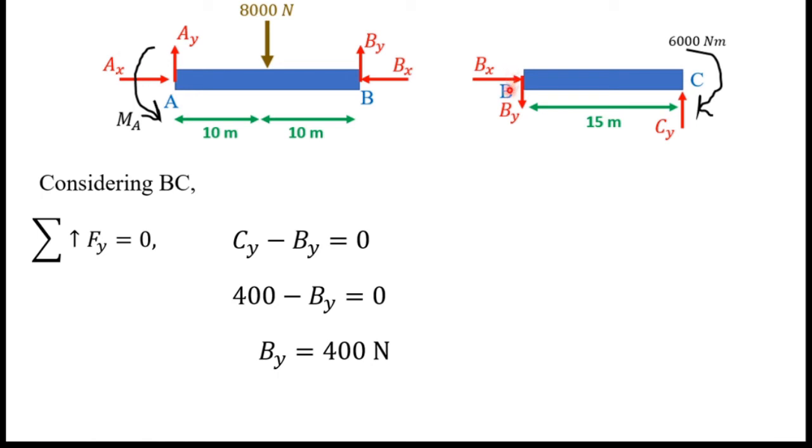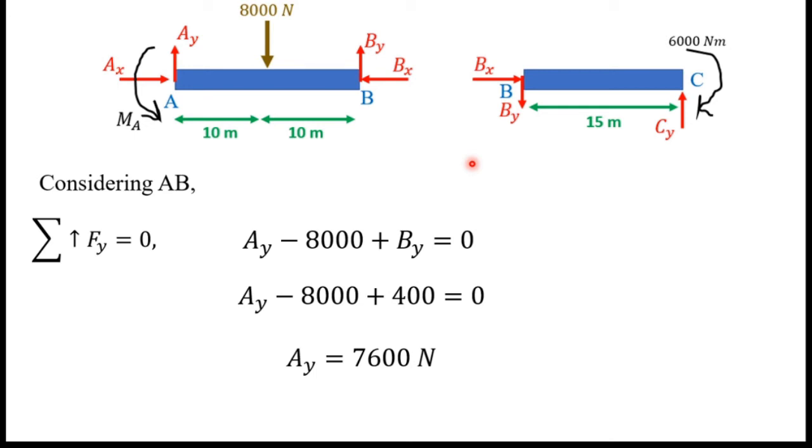Since I already found BX and BY, I can substitute those values for BY and BX in part AB. Now I consider the AB part and take the sum of all the vertical forces. Now I know the value of BY. There are only three forces to consider: AY, the 8000 Newton force and BY.